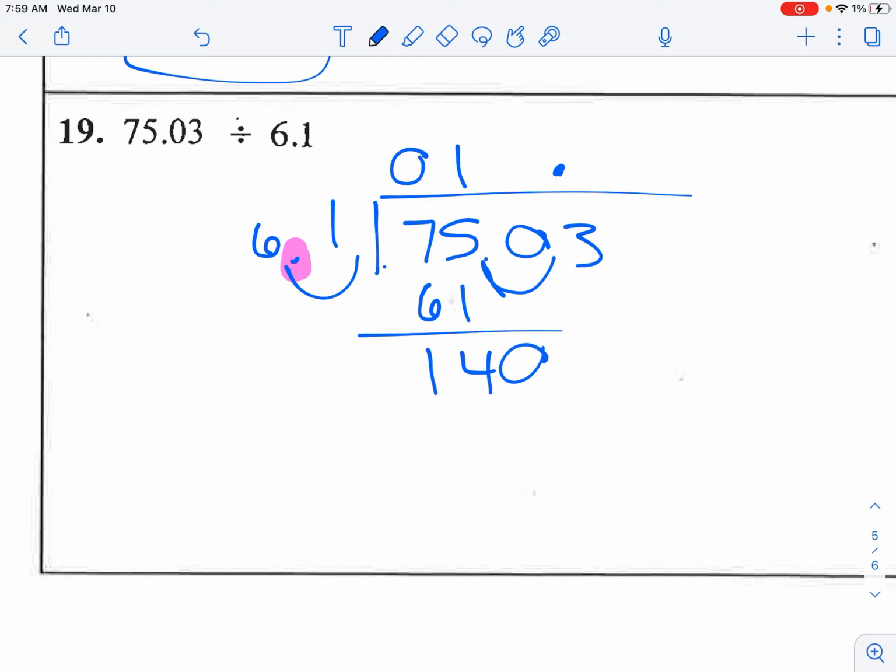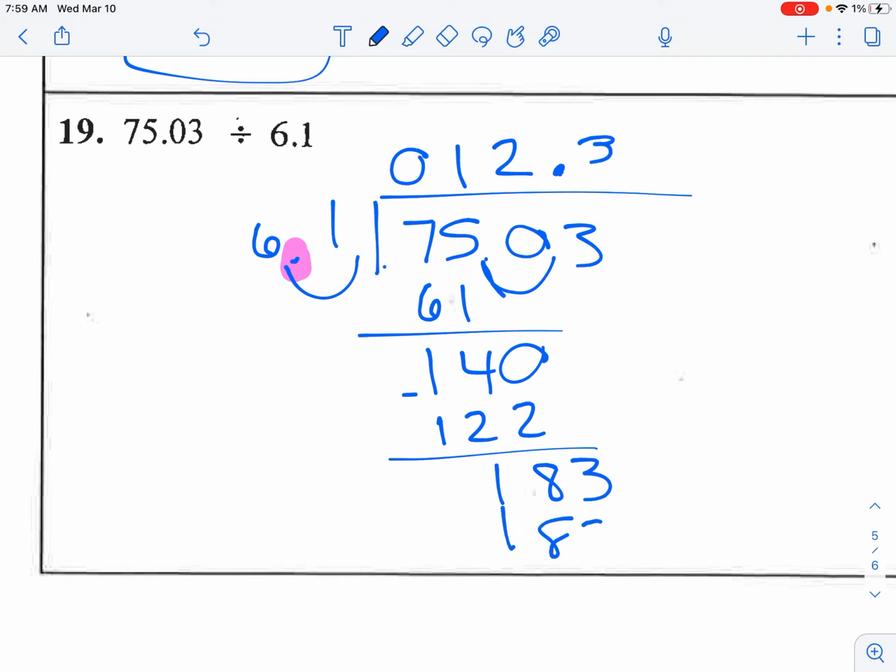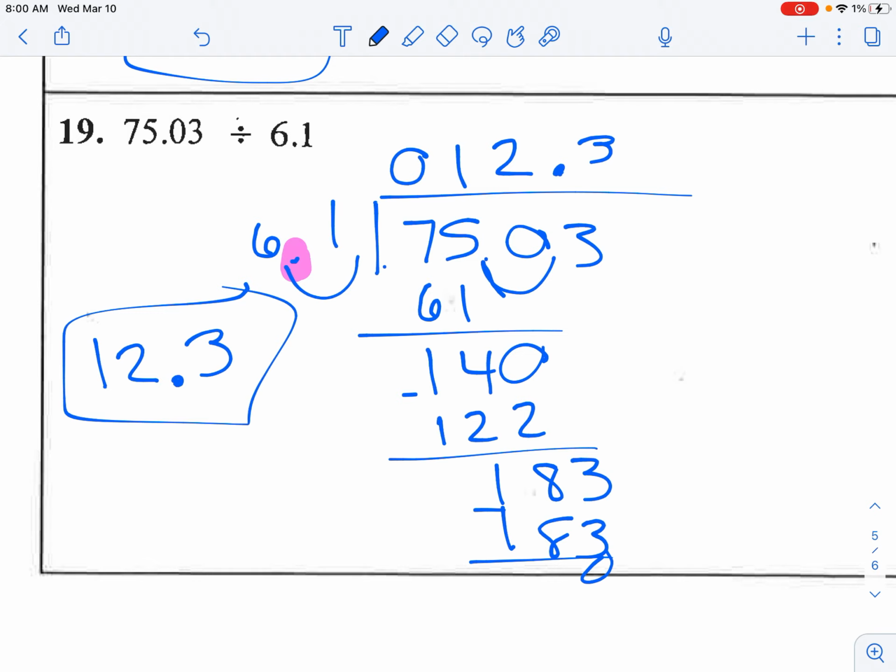Drop the 0. 61 goes into 140 twice. That is 122. Subtract, you got 18. Drop the 3. And 61 times 3 is 183. Both of these numbers were positive, so my answer is going to be 12.3.